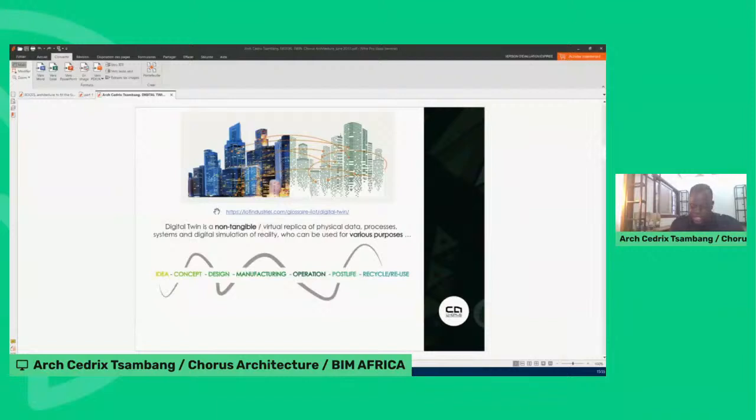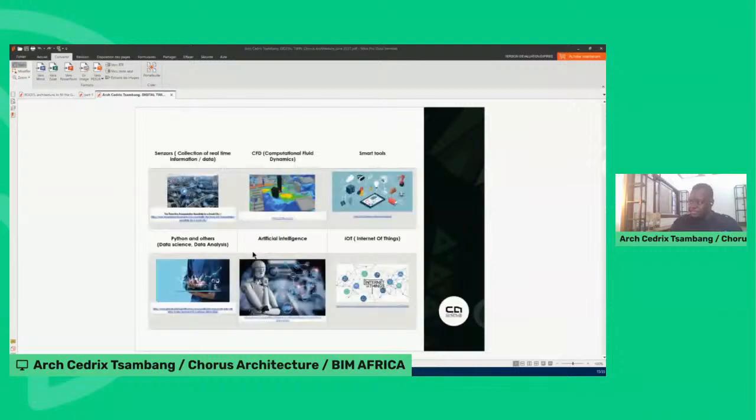Like Einstein once said, if you have 1 hour to save the world, you would spend 45 minutes defining the problem. So in that case, we use digital twin for non-tangible, as defined, a non-tangible virtual replica of physical data. Why non-tangible? We'll see it later.